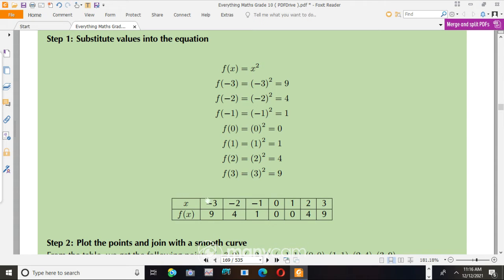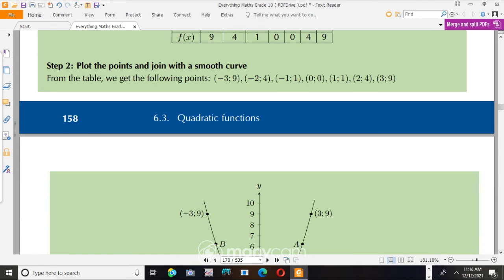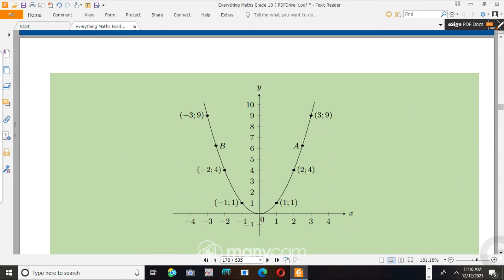Once you get these points, join them with a smooth curve. From the table we get the following values, so we have the coordinate values. Plot these points in the graph and connect them, and you will get the parabolic graph. Okay, parabola.